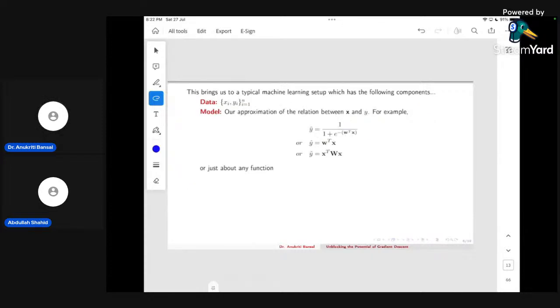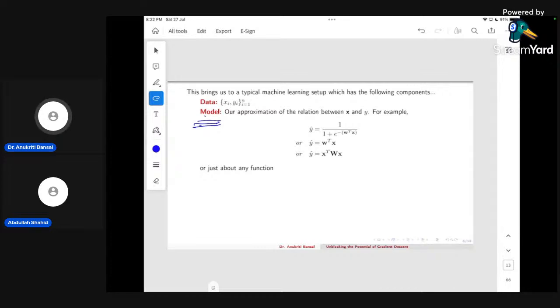So our approximation of the relation between x and y is called a model. This is what we mean by a model. This is an approximation of the relationship between x and y.